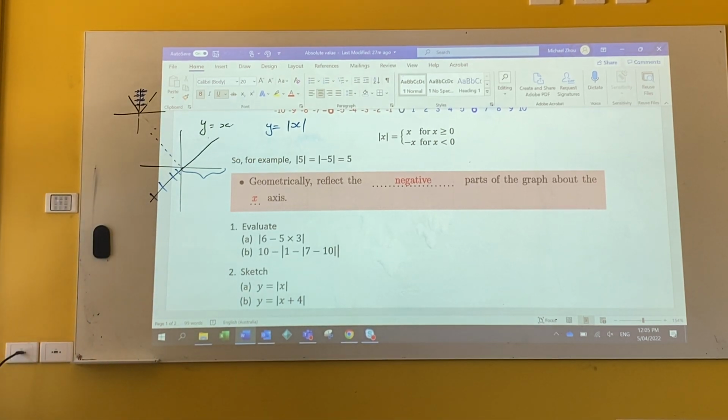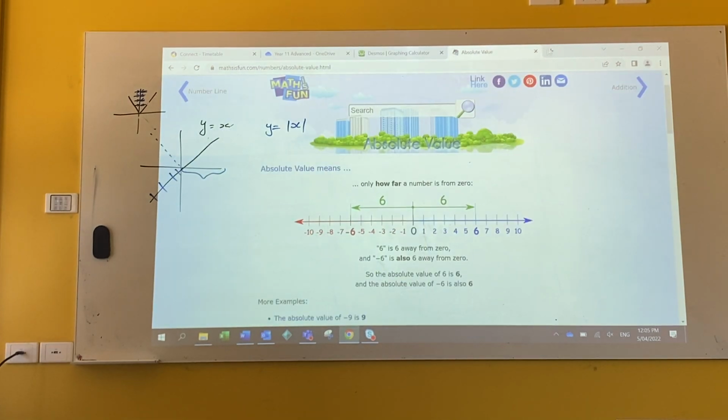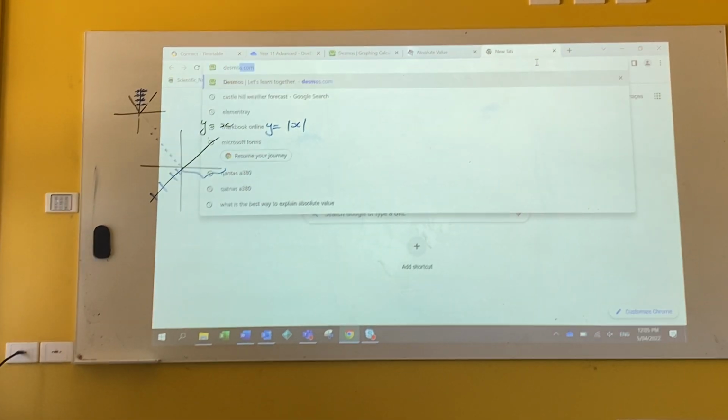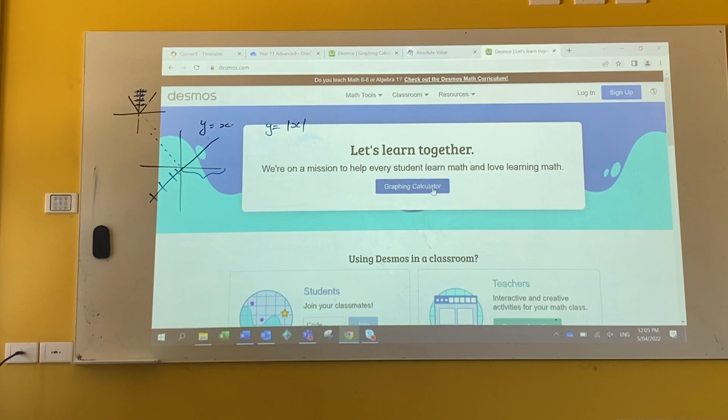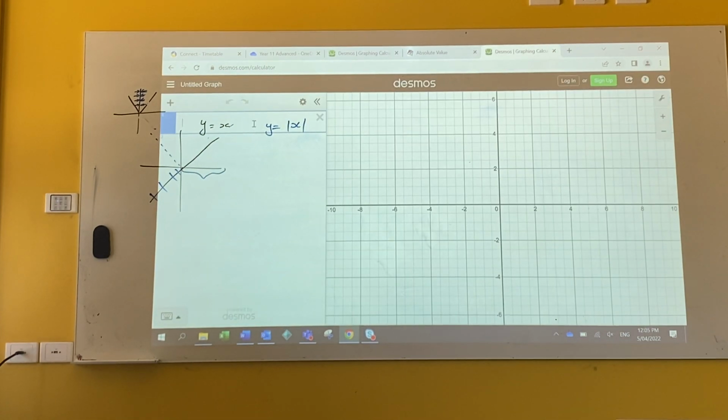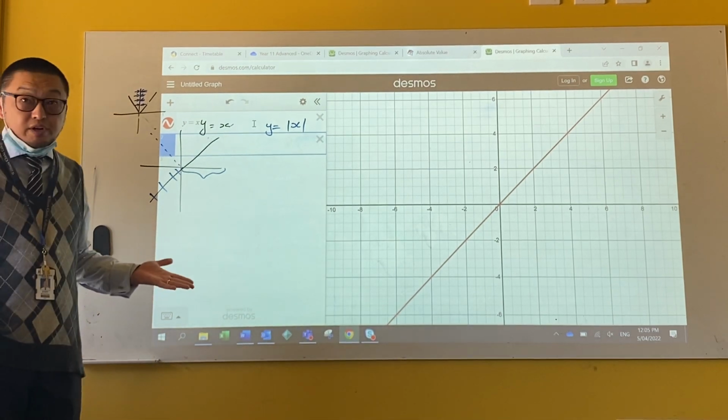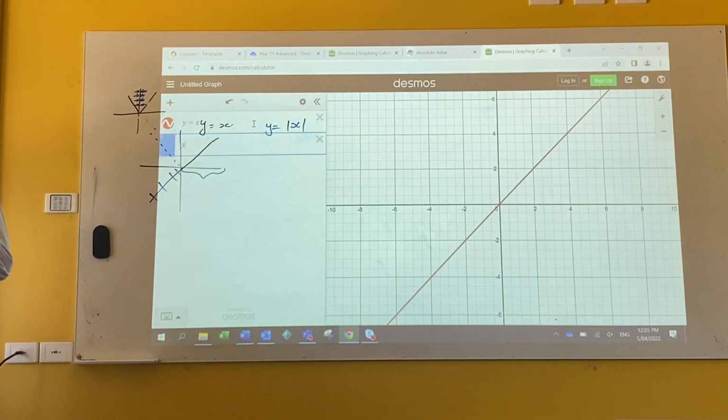So if I go back to the diagram, well, we know y equals x looks like that as a fact for sure. We know y equals negative x looks like that.